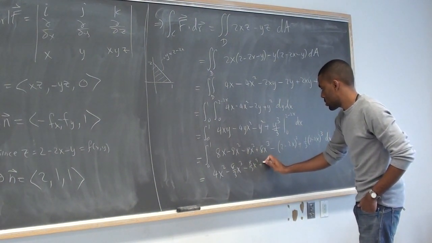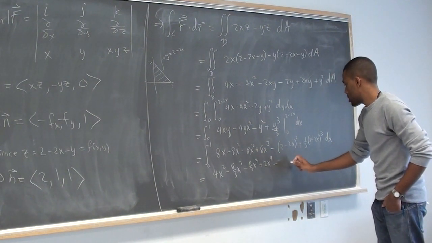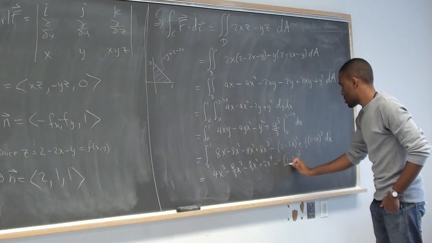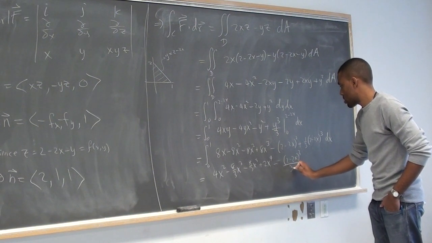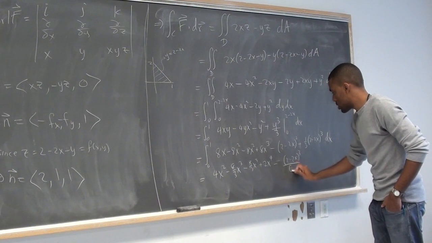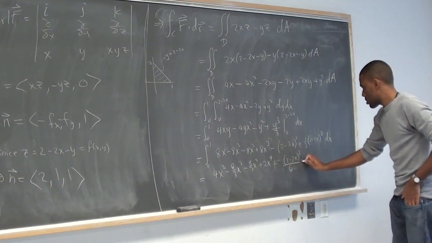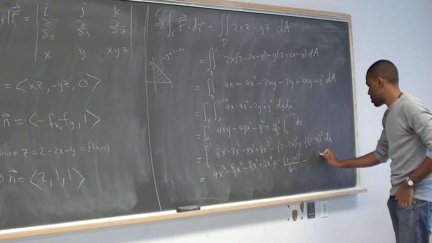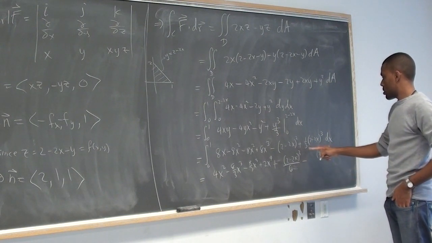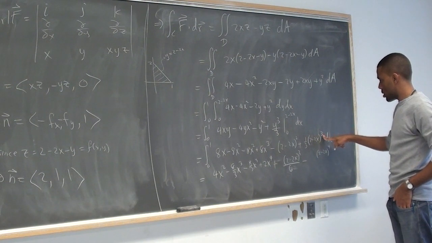plus 2x to the fourth minus... No. It's 2. So this would be 6, and that would be positive, right? Minus, this would be 2 over 2x to the 4th. And 3 times 4 is 12.